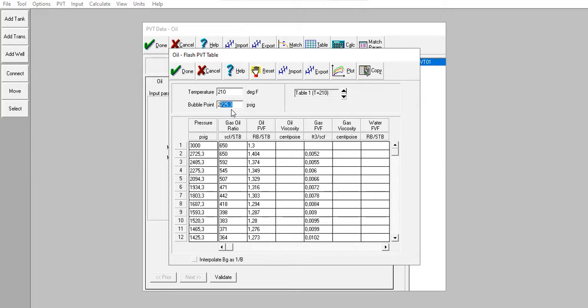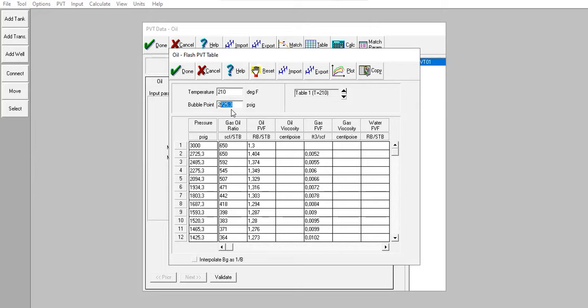But if you have initial reservoir pressure higher than the bubble point pressure, it will be undersaturated. But if the initial reservoir pressure is equal to the bubble point pressure, we can say it is still undersaturated. And at undersaturated condition, we can have no gas cap.